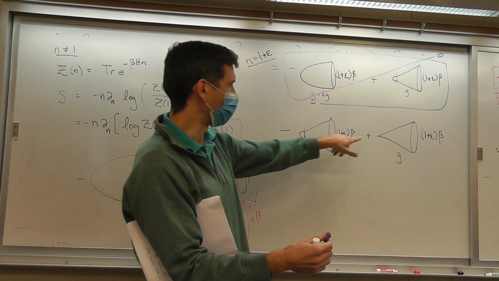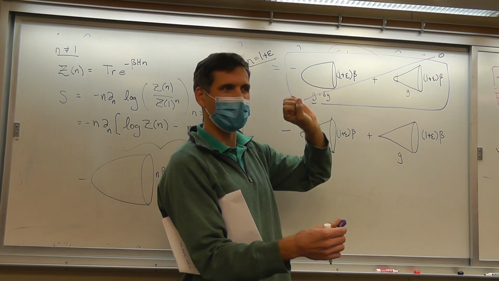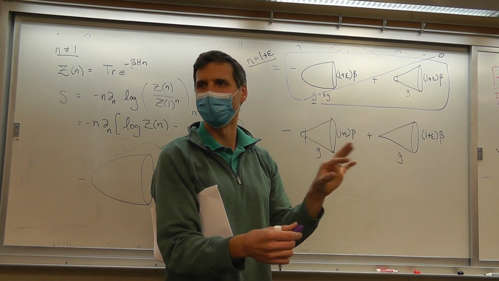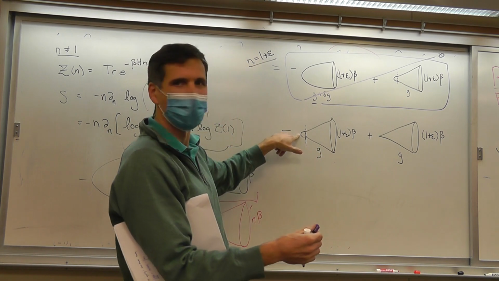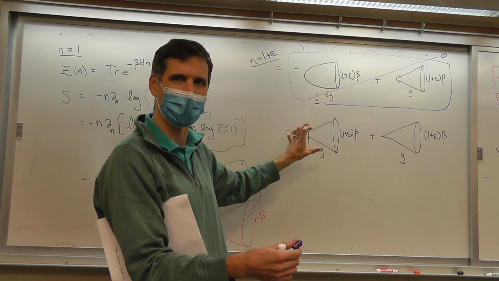It's localized at the pointy spot. We're hoping to end up getting the area for this calculation. It's the area of the black hole, so it's localized at the tip. So we've now reduced the calculation to a calculation at the tip.